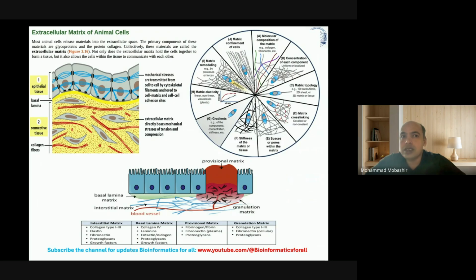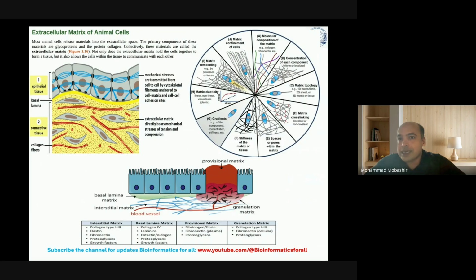That means collagen protein and glycoproteins together are ECM or extracellular matrix. Not only does the extracellular matrix hold these cells together to form a tissue, but it is also allowing the cells within the tissues to communicate with each other.